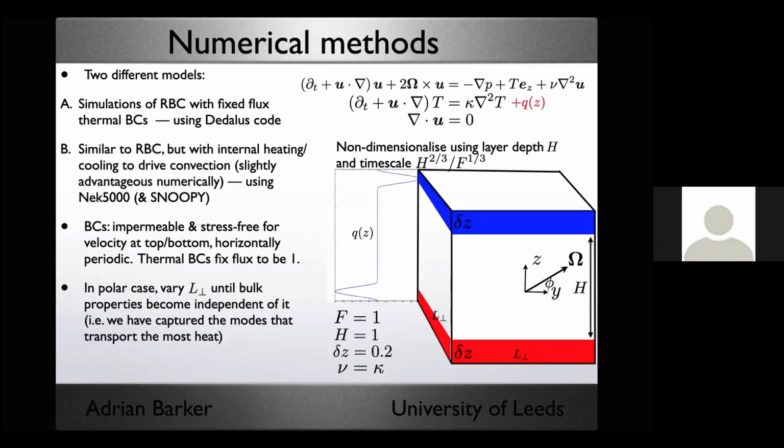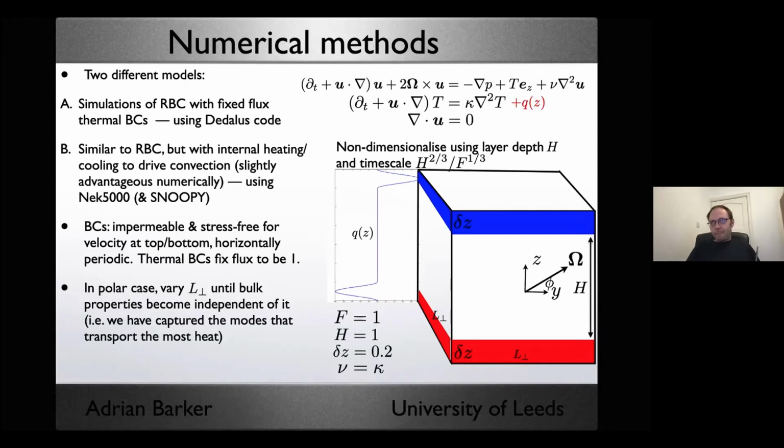Excellent. What's the Reynolds number, by the way? Good question. I can probably tell you that at the end when I look at the outputs, but I'll show you some velocities as well. It depends on the simulation, actually. Excellent. So we vary the viscosity a lot, because we also vary the horizontal length scale quite significantly, because we want to capture the dominant convective modes, but when you go to rapid rotation, the box size becomes very thin, and it's very thin and tall.